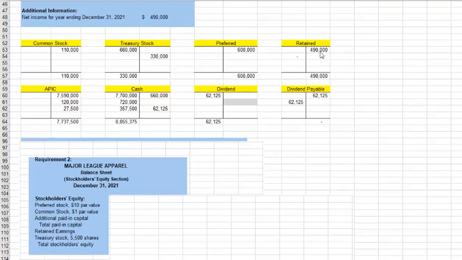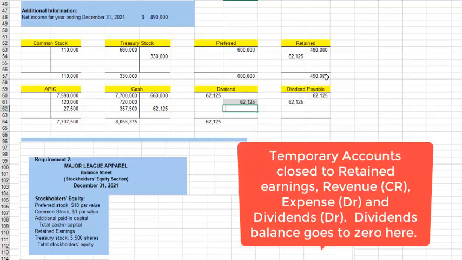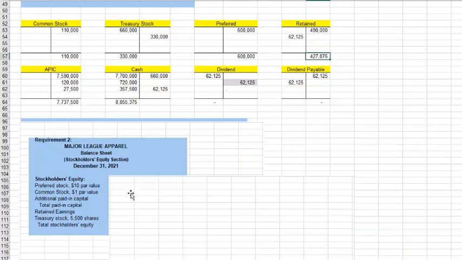Remember, the temporary accounts are revenue, expense, and dividends. All we have here is a dividend. We need to close this out to retained earnings. This is going to reduce our retained earnings to $427,875.